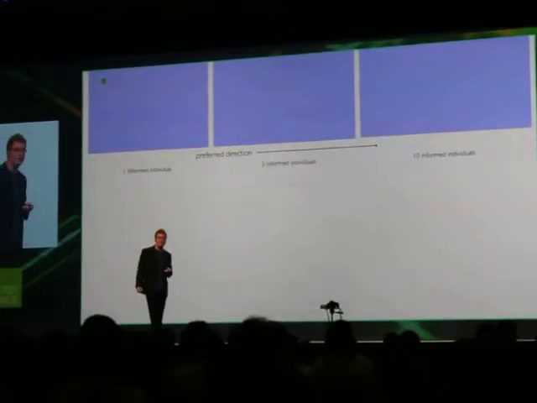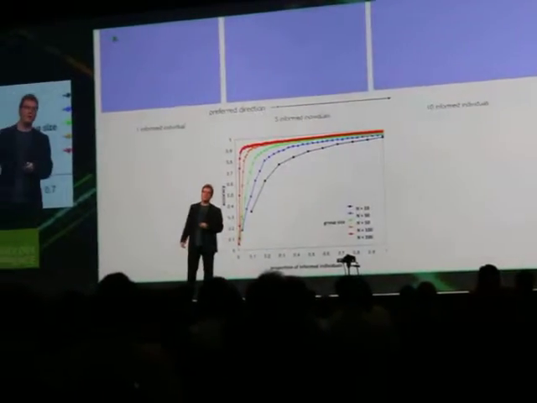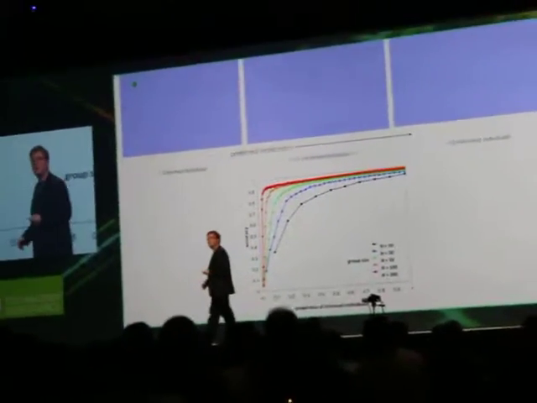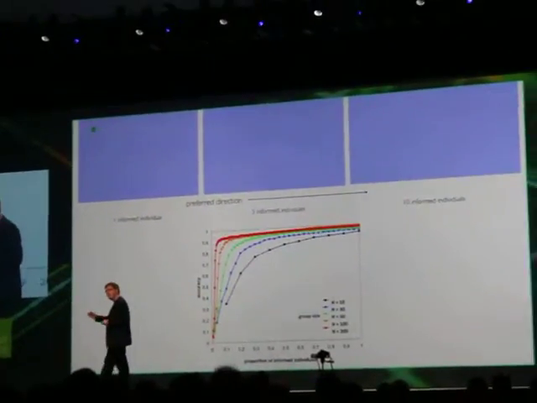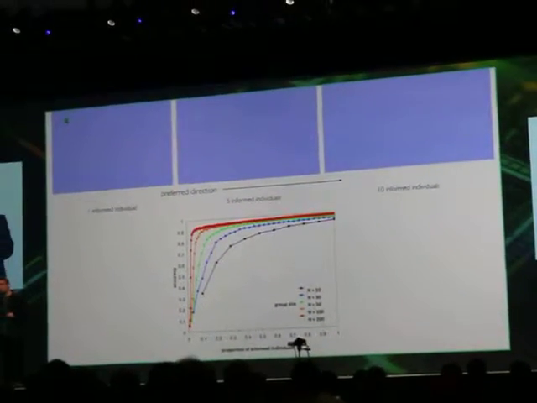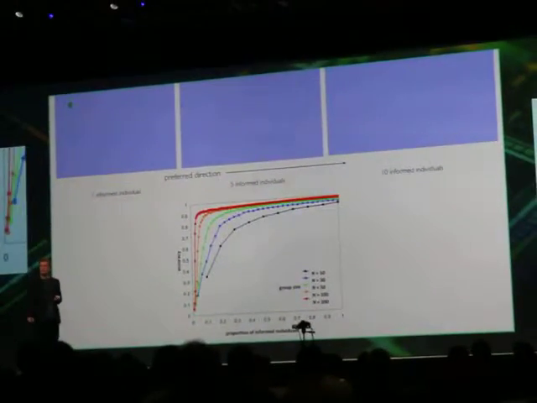But it's nice to look at these pictures, and we also want to quantify, to measure how accurately that information was transferred. And that's what this figure shows us for different group sizes. So let me take you through the key message to be drawn from this figure. On the x-axis, we have the proportion of informed individuals within each group.